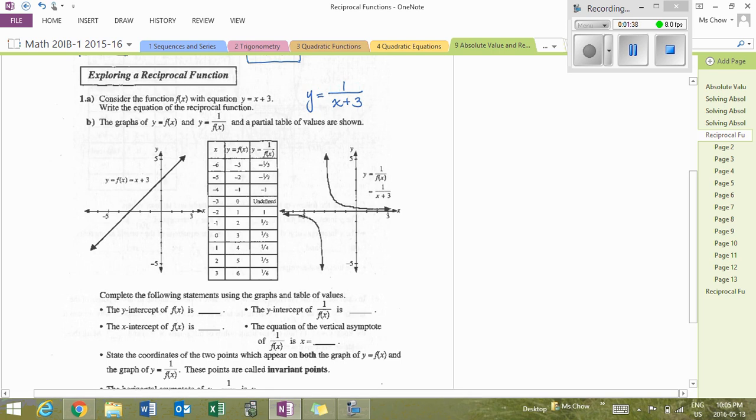If you build the table of values, so there's our x values, and they're just saying partial table of values in y because x is an element of the reals. So these are just a few of our x values, and then the corresponding y values for when we're talking about y is equal to x plus 3, and there they are.